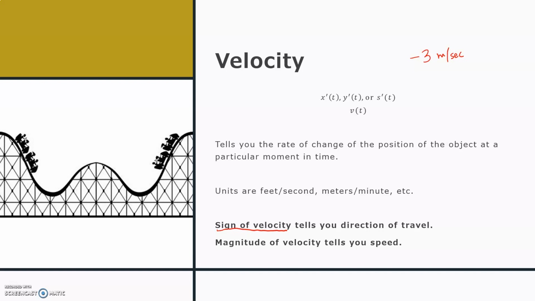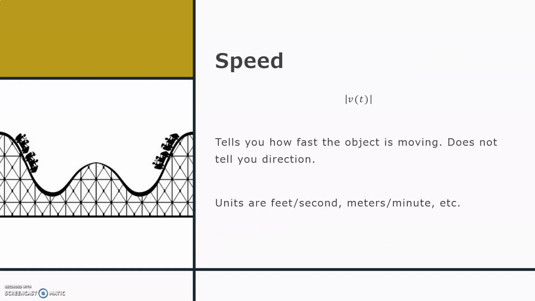If it's on the x-axis, that would mean I'm going to the left. If it's on the y-axis, it would mean I'm going down. So speed is the absolute value of velocity. You take the sign off and you just look at the magnitude. It doesn't tell you the direction that you're traveling, it just tells you how fast you're going. Same units as velocity, so it would still be feet per second or meters per minute.